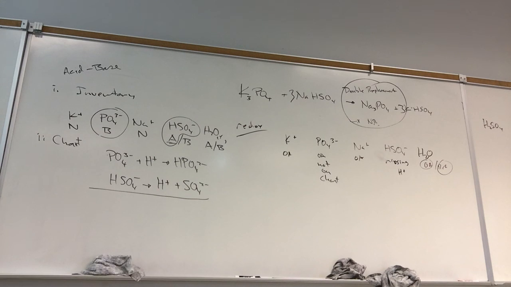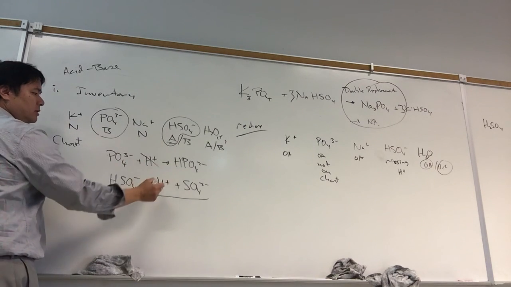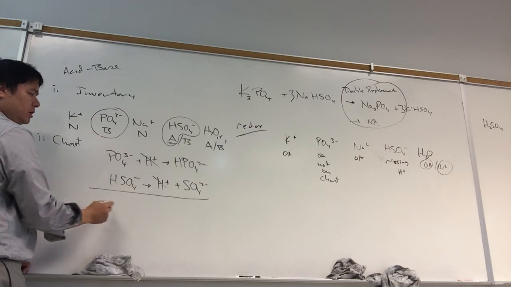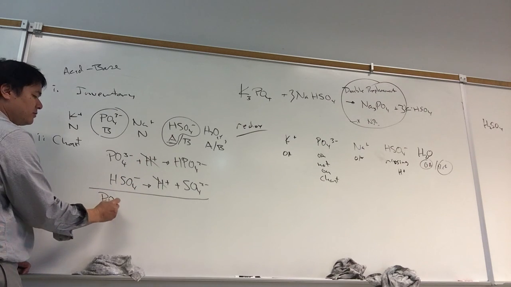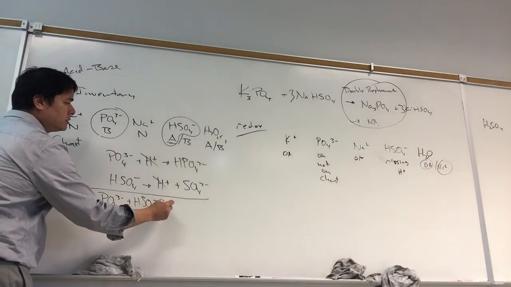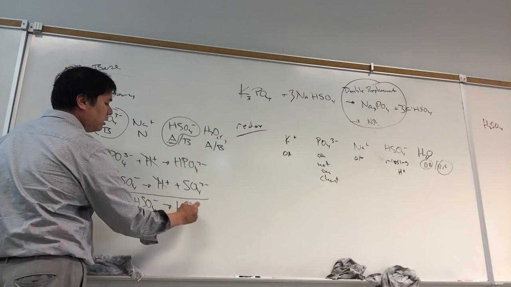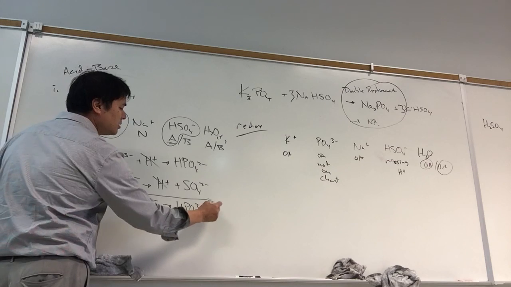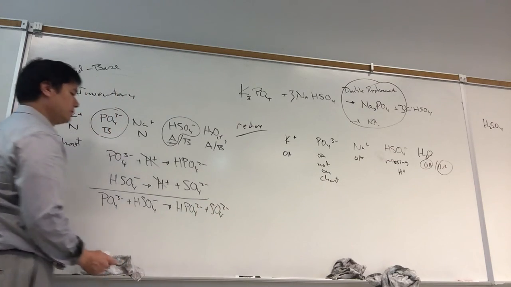But on the acid-base chart it's all 1. And so we never have to multiply these. We just add it straight. The protons gained equal the protons lost. So the net reaction is phosphate plus HSO4 minus yields HPO4 2 minus plus SO4 2 minus.